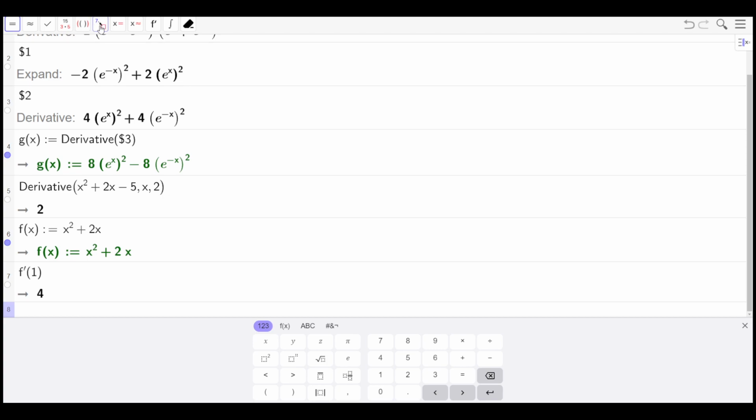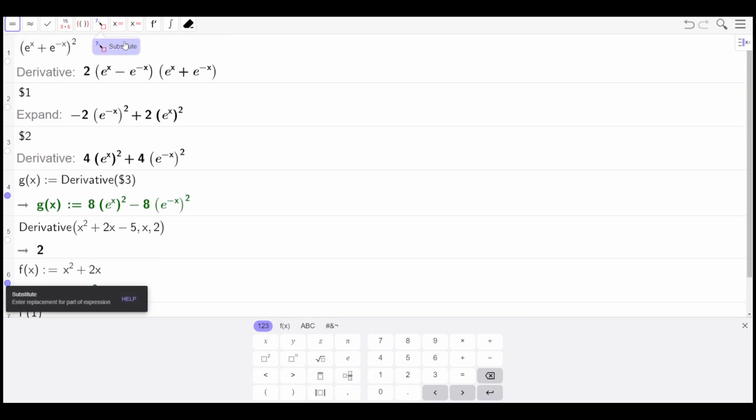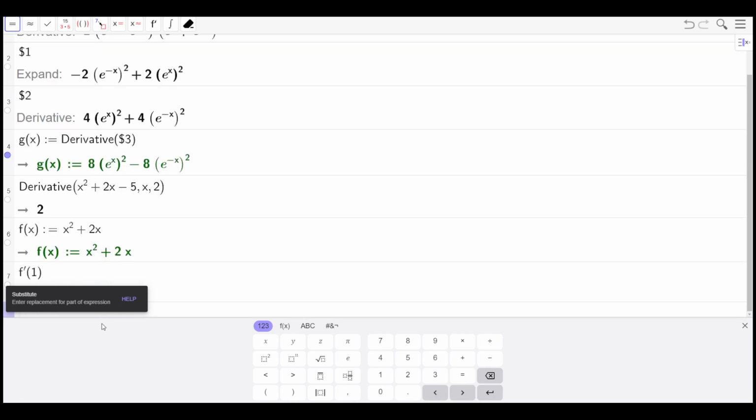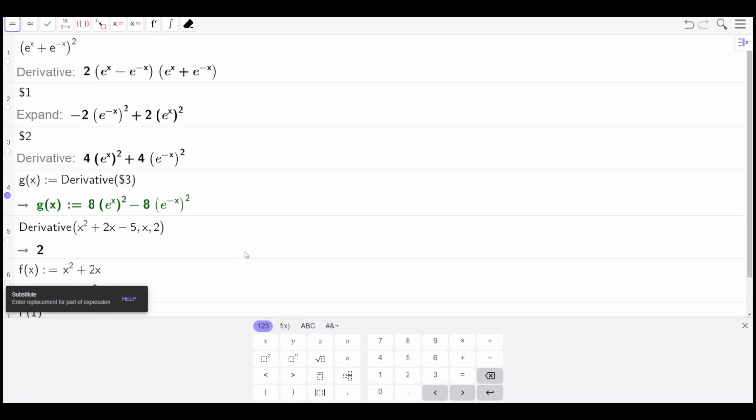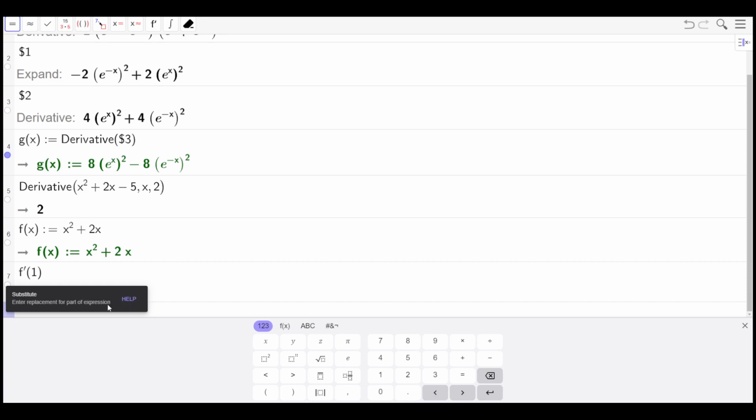I press it, it doesn't work. I don't know why. Because this will substitute in principle. Because I have 2 of them, it doesn't know which one I have. So I highlight this one, hopefully it will work. Nah, I don't understand.